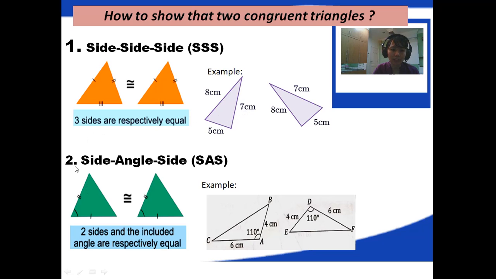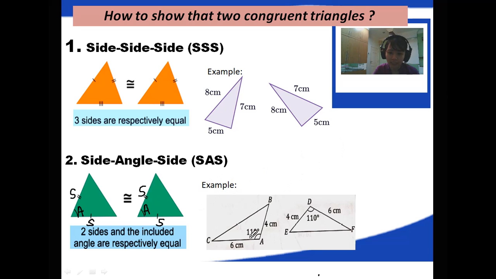Now we look at the second one, that is side, angle, side, SAS. SAS means that in between these two sides there is one angle here, and then they are equal. SAS, they are equal. So now look at this example.